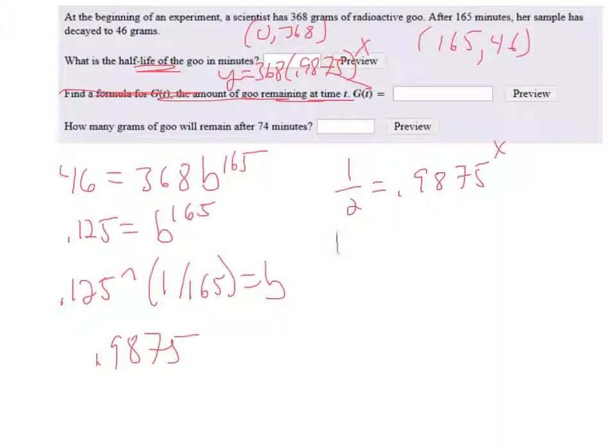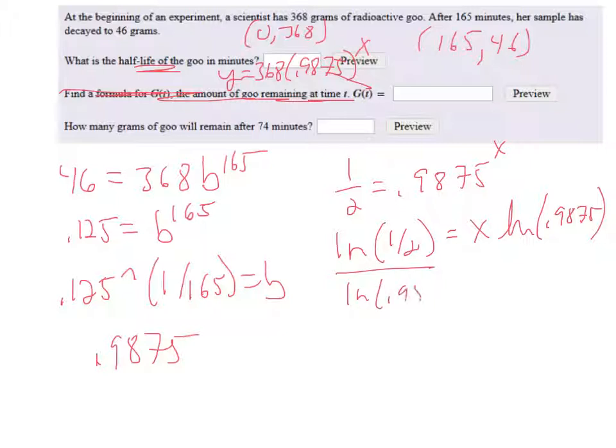So I'm going to just take the natural log of both sides and divide both sides by that. So natural log of 1/2 divided by the natural log of 0.9875. And when I did this earlier, I came up with x equals 55.